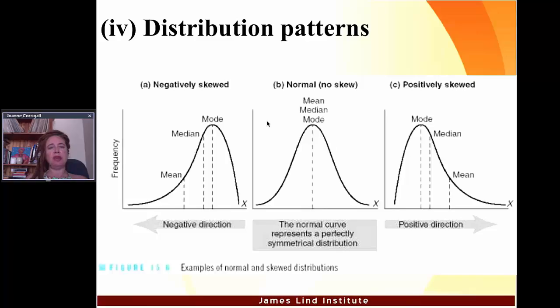Okay, then I just wanted to mention a little bit about the distribution of data. So remember we spoke a little bit earlier about outliers. So if you have a lot of outliers, it can actually skew your entire data pattern. So the data pattern that we like best and actually describes most of the characteristics in humans is the normal distribution.